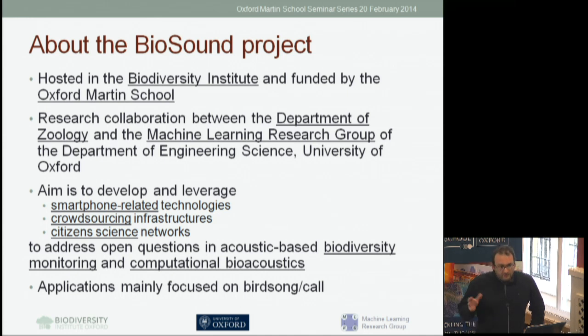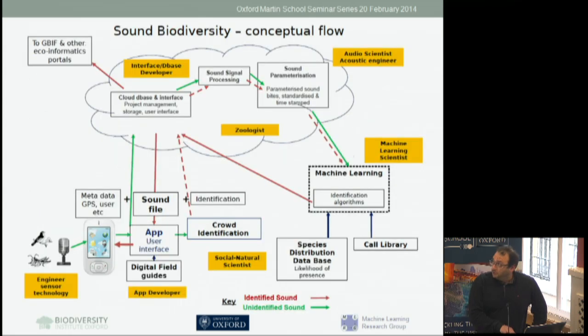And the overarching objective is to use smartphone-related technologies, leveraging the fact that this is such a widespread technology in our days, to use crowdsourcing infrastructures and citizen science networks in order to address questions in biodiversity monitoring and in computational bioacoustics. What I'll be talking about will be mainly focused on birdsong recognition.